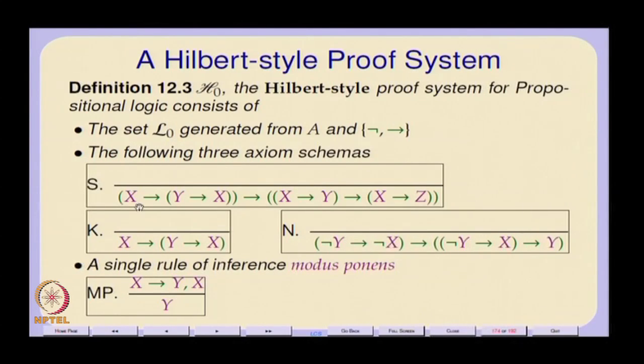So, x arrow y arrow z implies x arrow y arrow x arrow z. So, the conditional distributes over the conditional. It's a very interesting and a powerful way of looking at the conditional.